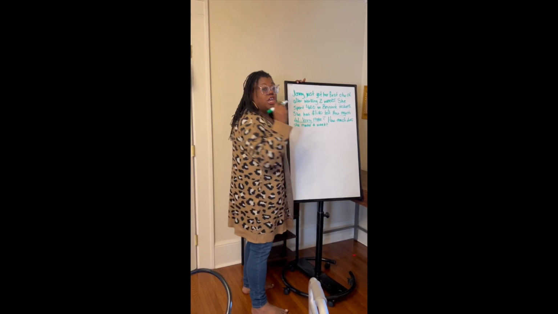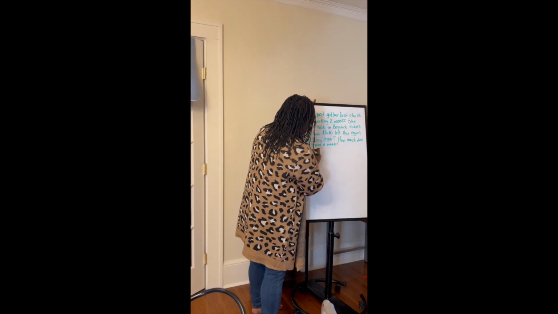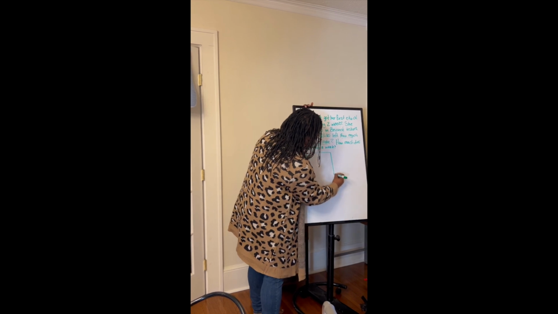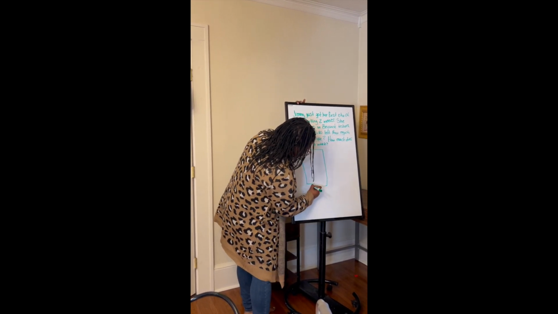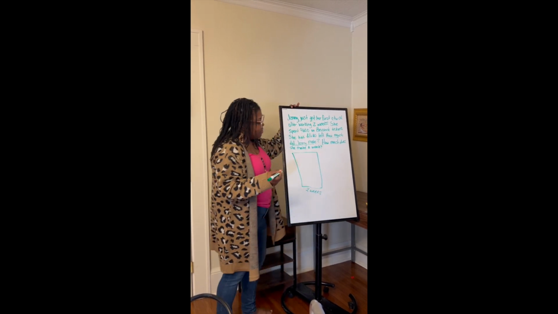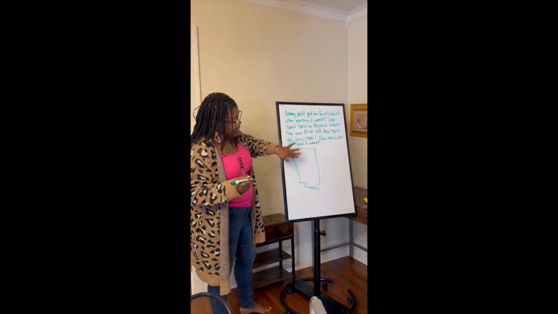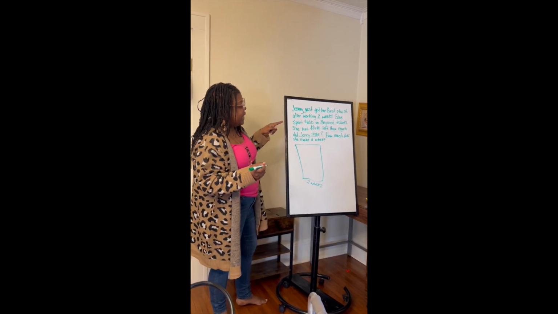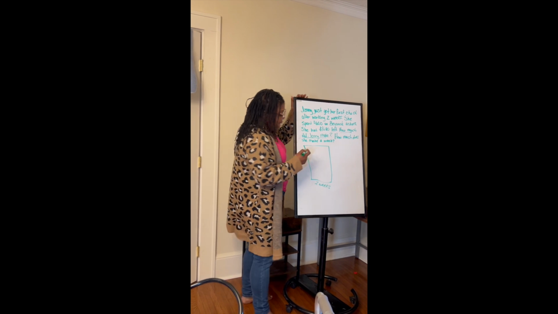So let's draw a rectangle to represent Jenny's pay after her first 2 weeks. This is how much Jenny made at 2 weeks. Now, she spent $600 on Beyonce tickets.